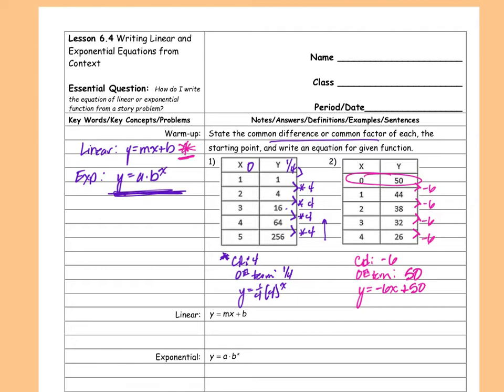Kahoot doesn't always give us enough time. So it might be something else where we're reviewing how to find the common ratios, the 0th term, and my equation. So it'll be something like that from story problem and table. And then we're done with this unit.